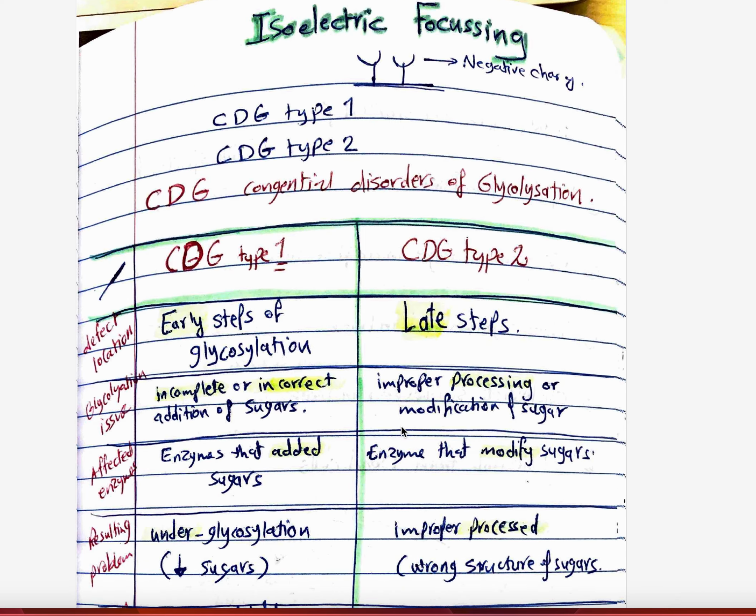Then we have isoelectric focusing, as I just explained, which is one of the measurement methods, as you can see here. And we have the congenital disorders of glycosylation, type 1 and type 2.